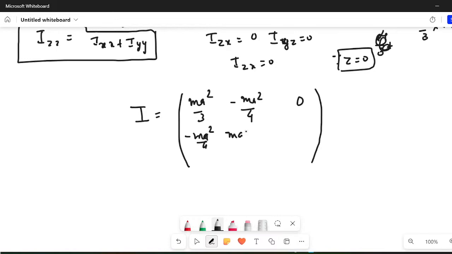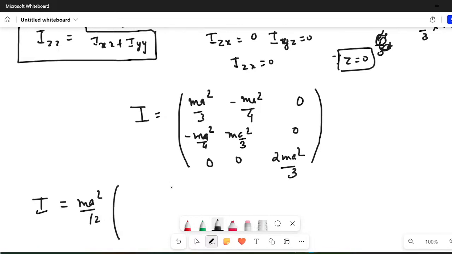What was Iyy? It was ma square upon 3. And here it was 0, here it was 0, here it was 0. And what was Izz? It was 2 ma square upon 3. So if you take 12 common out, I can write it in a more convenient fashion. Ma square upon 12, if I take common out, what would be the entries here? The entries would be 4, minus 3, 0, minus 3, 4.